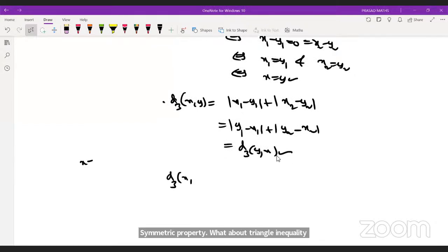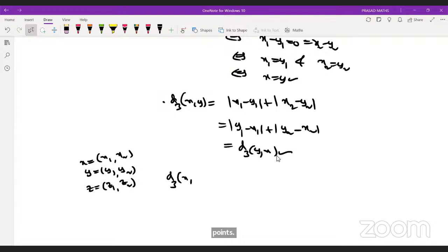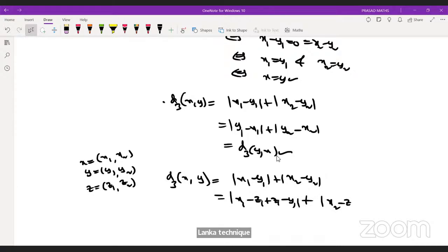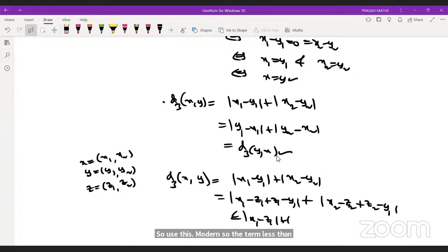How many points do I require for triangle inequality? 3 points. So this is exactly mod of x1 minus y1 plus mod of x2 minus y2. Again using the same technique, adding and subtracting. So use this: modulus of the sum is less than or equal to the sum of moduli, by triangle inequality in real numbers.